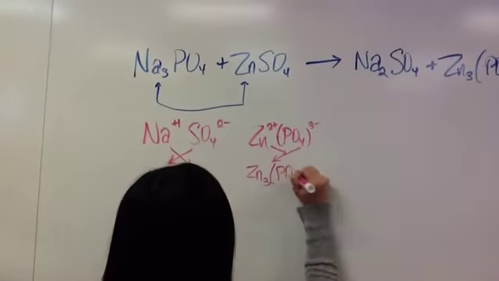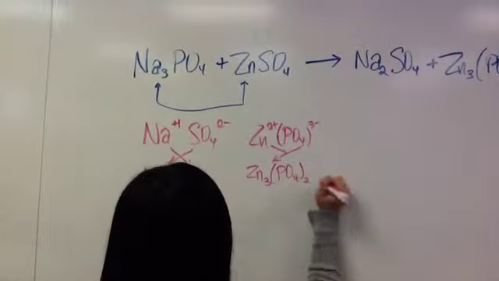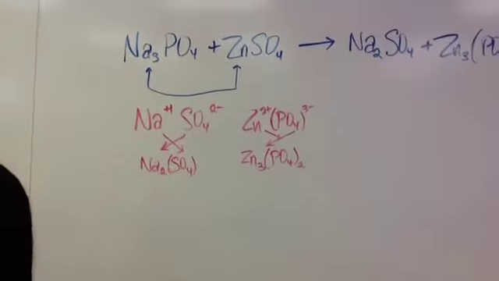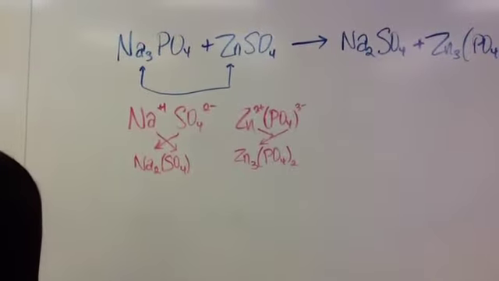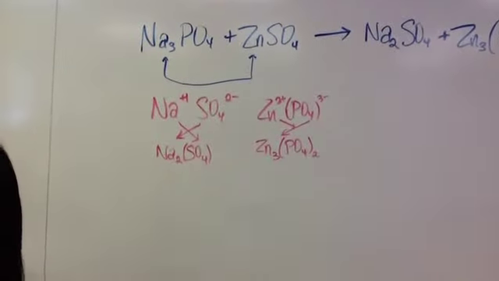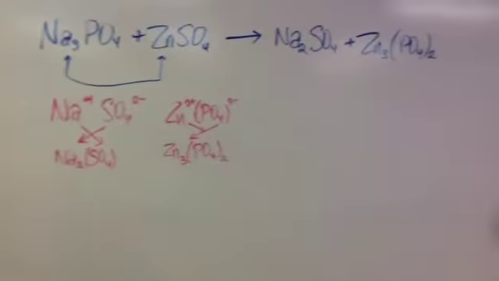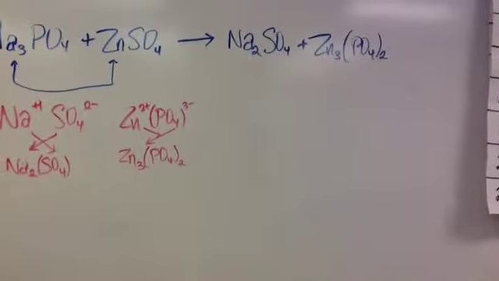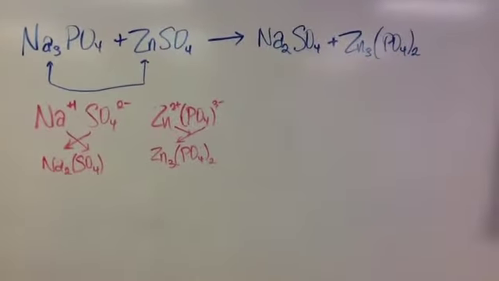And PO4 is in parentheses, so the 2 just goes on the outside. And now we have to rewrite the equation so that it's all ordered out so we can start balancing it.